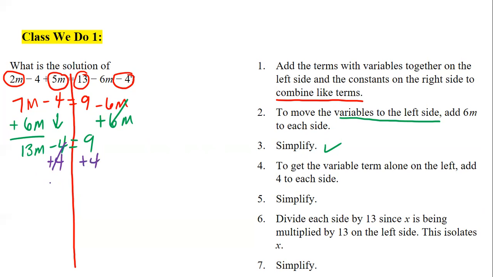And then I'm going to simplify, and I'm left with 13m equals 13. Then what's left? Then I divide. So I'm going to divide by 13. My variable is isolated. So what does m equal? 1. And so we have a unique solution.